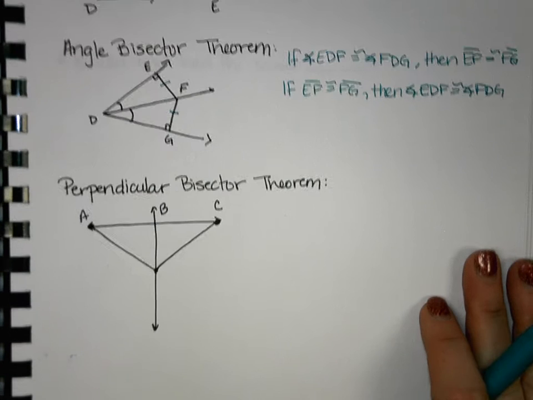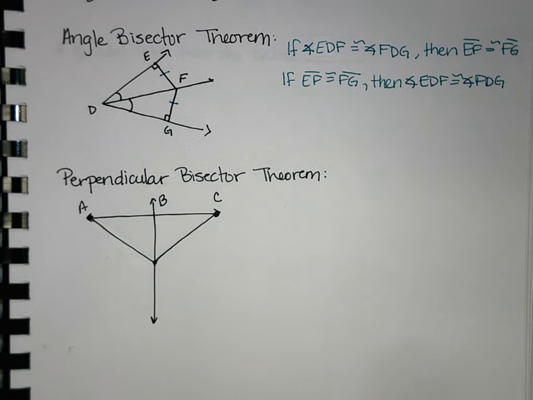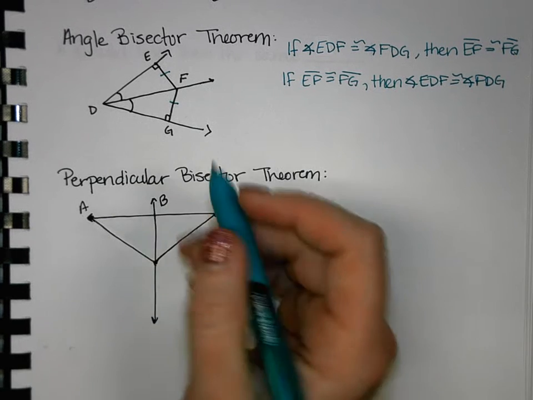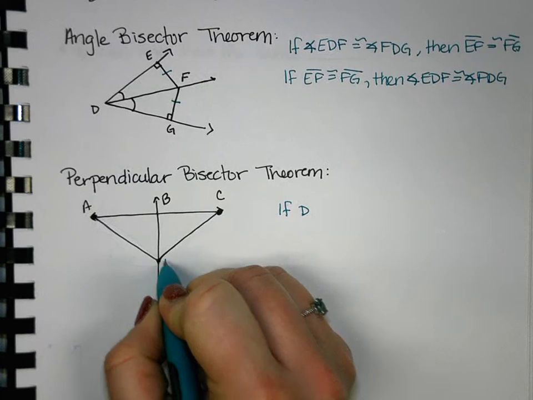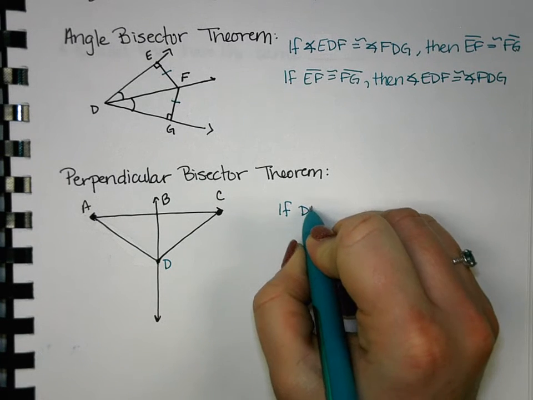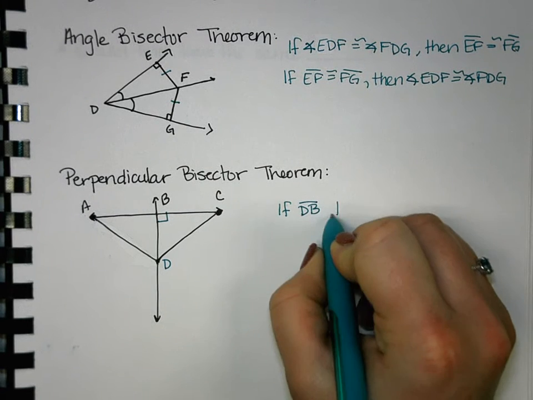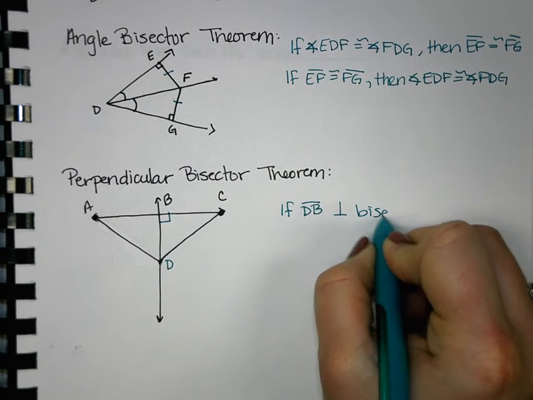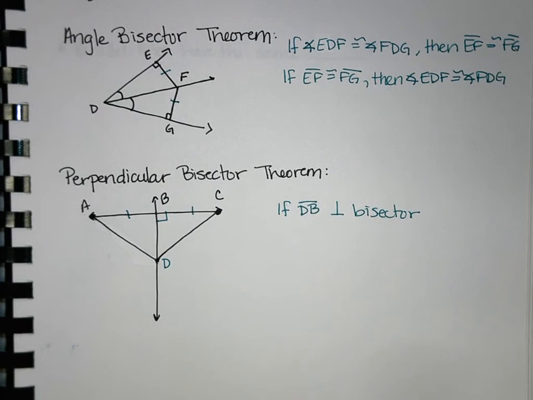We also had the perpendicular bisector theorem, which is similar in the sense that if you know that BD, forgot to label the D, is a perpendicular bisector, so that also means that these two are the same.